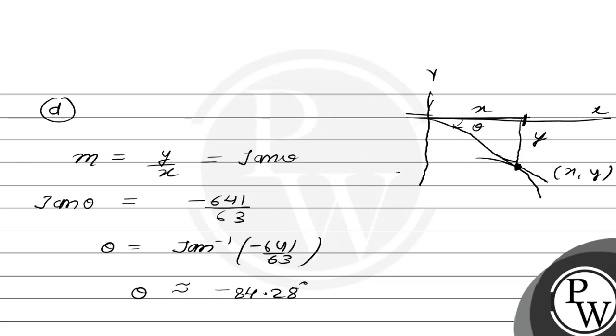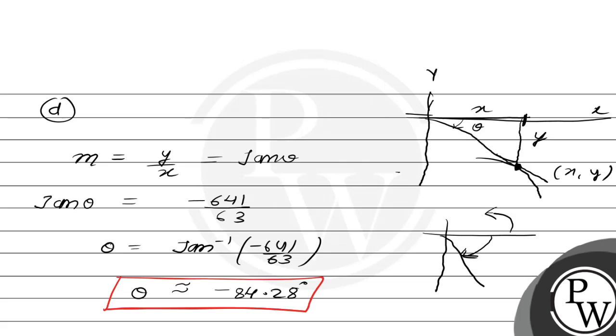But students, does negative angle make any sense? Yes, because we are measuring the angle in positive anti-clockwise direction. This was the angle, and we are measuring in clockwise direction instead of anti-clockwise direction. So angle will definitely come out to be negative. I hope you understood the concept, students. Thank you.